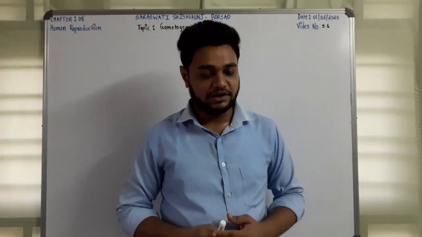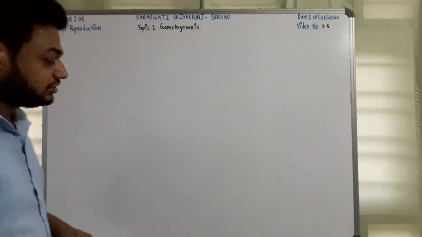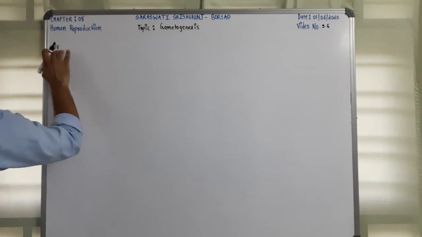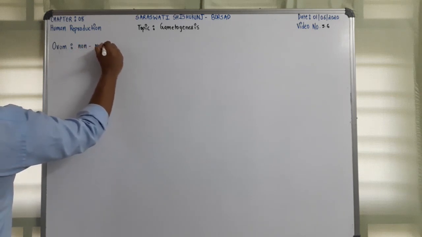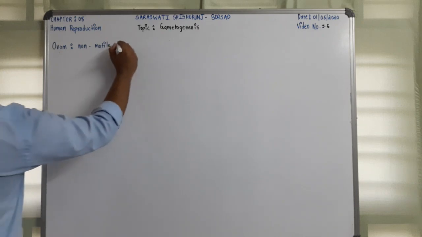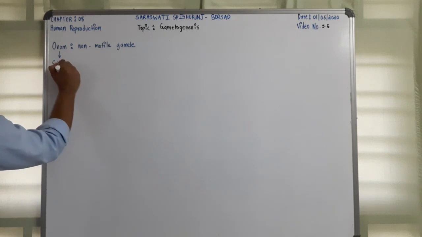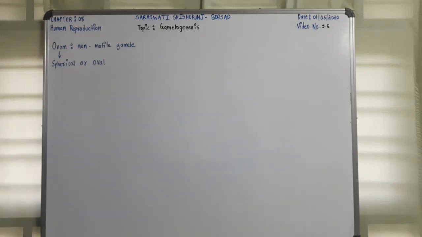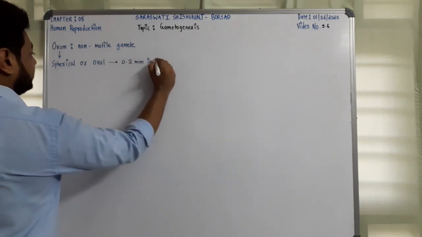The last part of oogenesis is the structure of the ovum. Okay, students, if we think about the structure of the ovum, the ovum is a non-motile gamete. Non-motile, it does not move from one place to another, and it can be spherical or oval. The size is 0.2 mm in diameter.